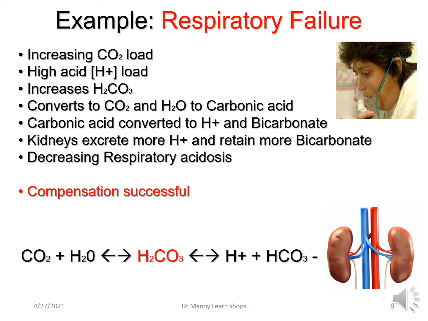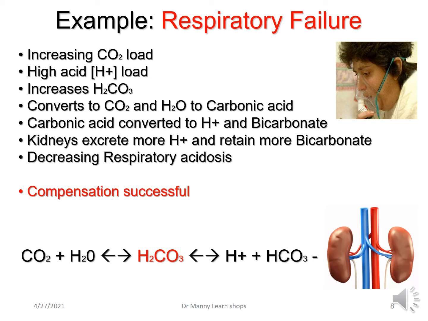Here's an example of respiratory failure as a consequence of, let's say, chronic lung disease. In chronic lung disease, emphysema, chronic bronchiolitis, bronchiectasis, there's an increased carbon dioxide load. As a consequence, the CO2 builds up, converts with water, causes carbonic acid to accumulate, and you increase the acid load.